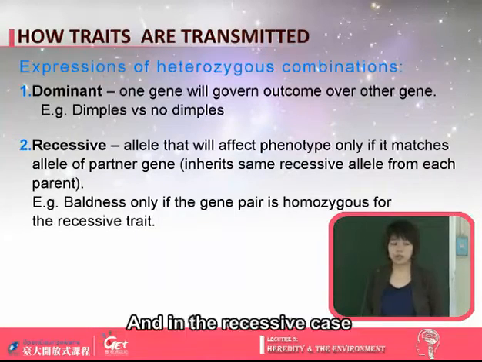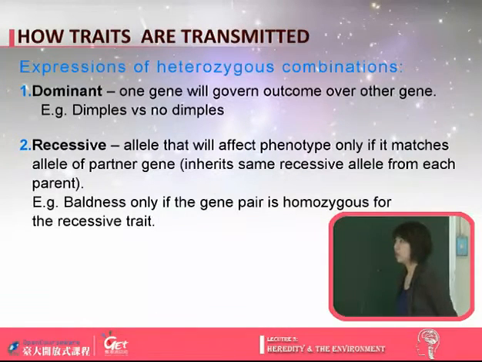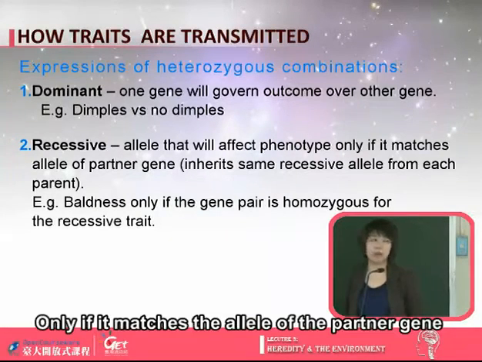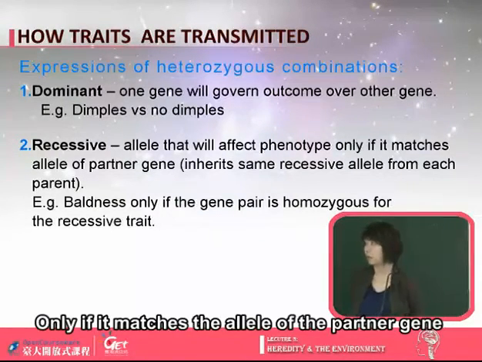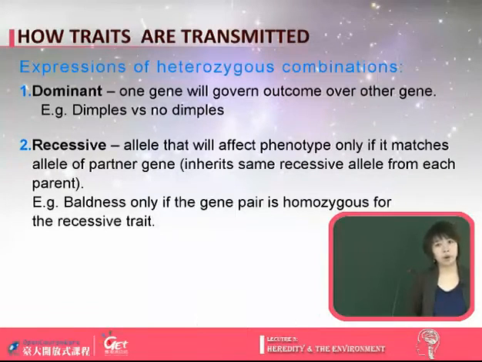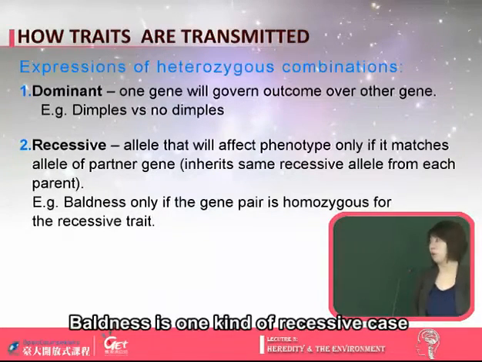Okay? And in the recessive case, the allele will only affect the phenotype if it matches the allele of the partner gene. So that means a person has to inherit the same recessive allele from each parent. So for example, baldness is one kind of recessive case.